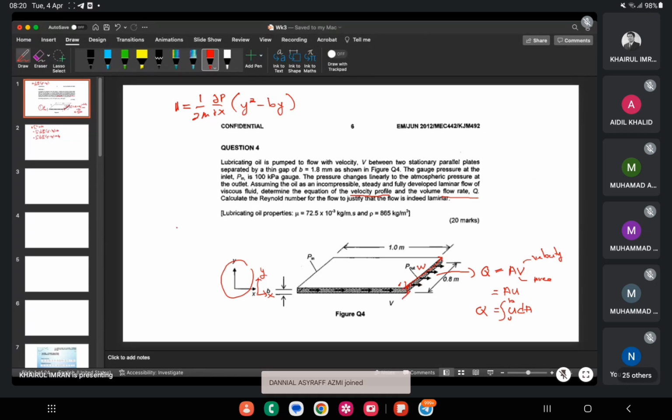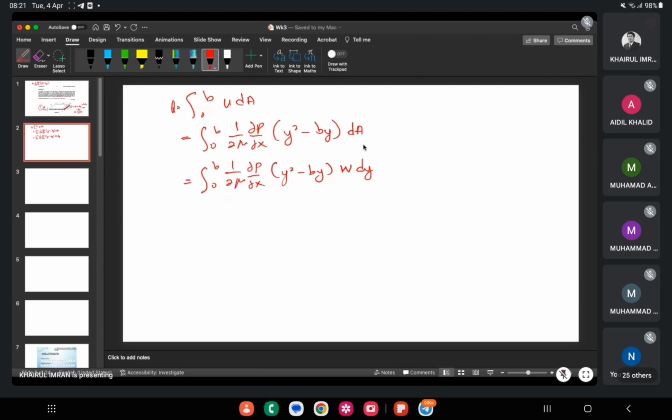Kalau saya besarkan, okay, kita bagi ni. Okay, kat sini lah. So katalah saya besarkan yang ini ke sini. So this is the plate.